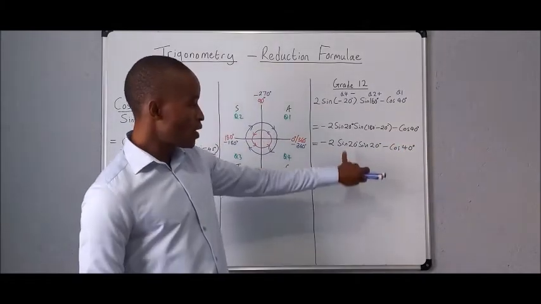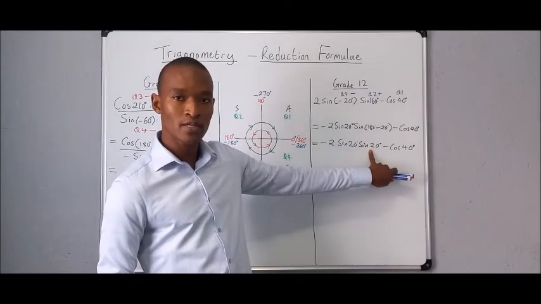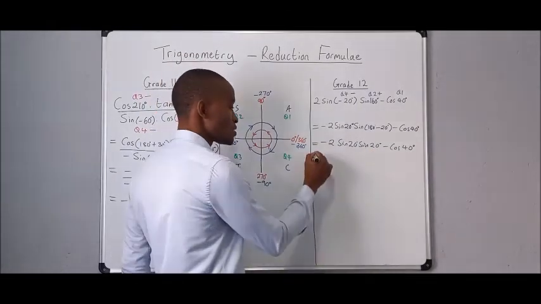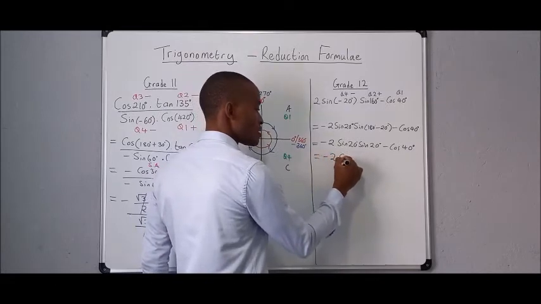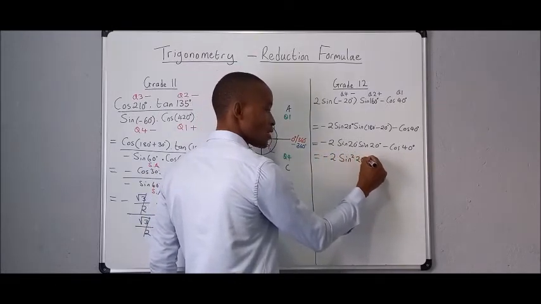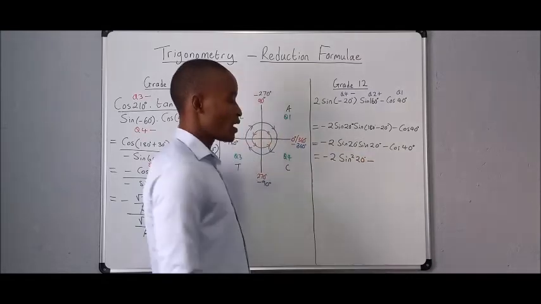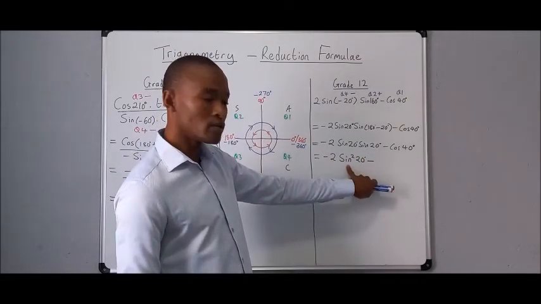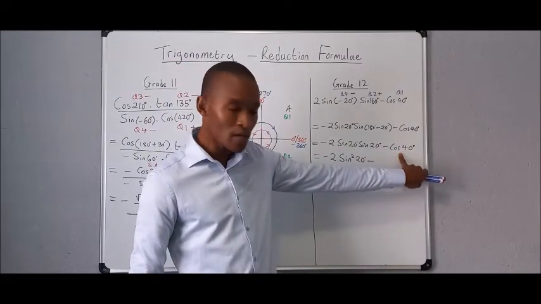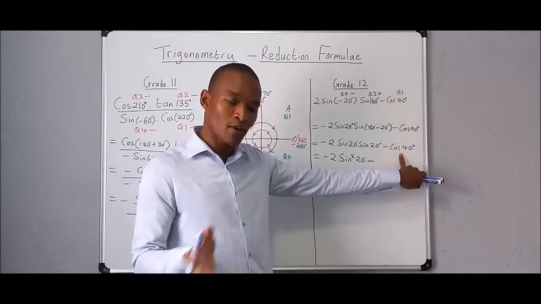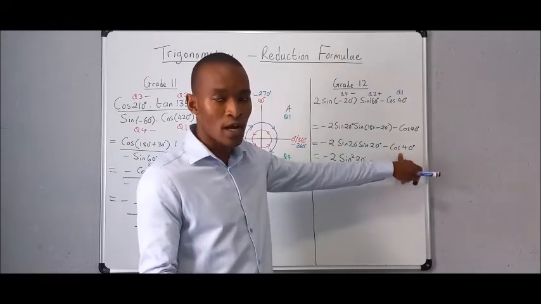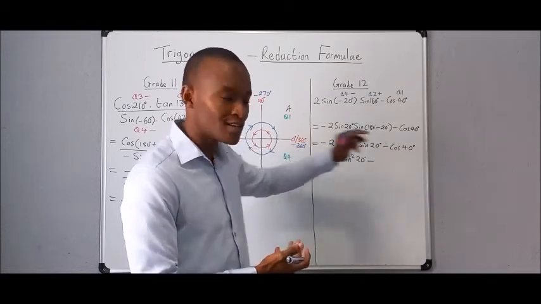You are multiplying sine 20 degrees and sine 20 degrees, so you have a power of 2 that forms sine times sine. So this is negative 2 sine squared 20 degrees, minus. Now, since you have a trig ratio involving sine of 20, the expansion for this double angle identity for cos must involve sine, and that allows you to generate like terms, which will allow you to simplify this guy right here.